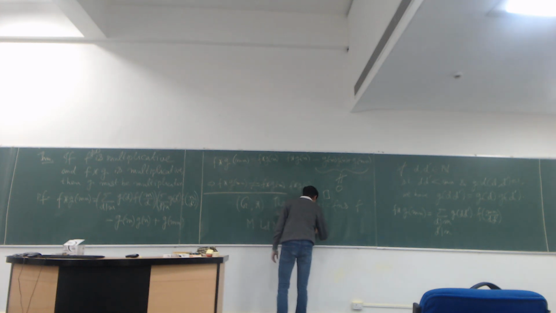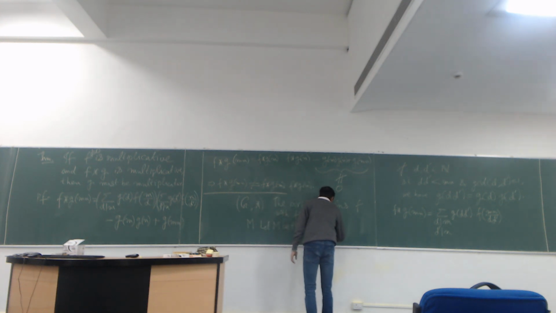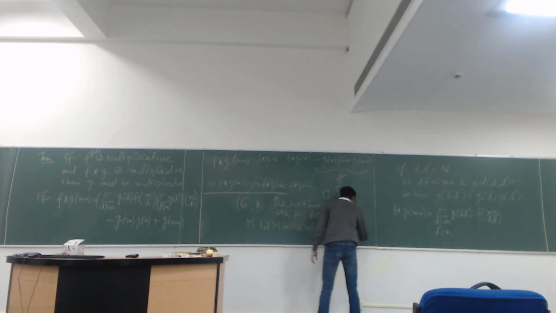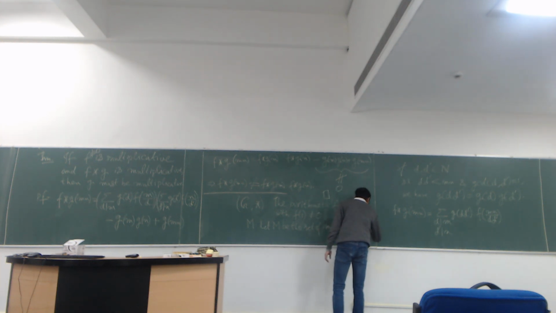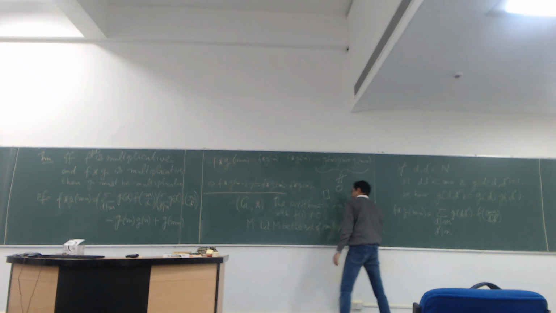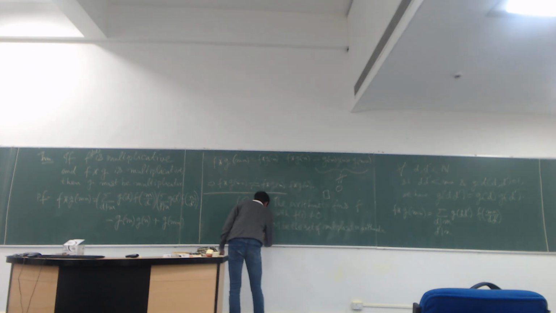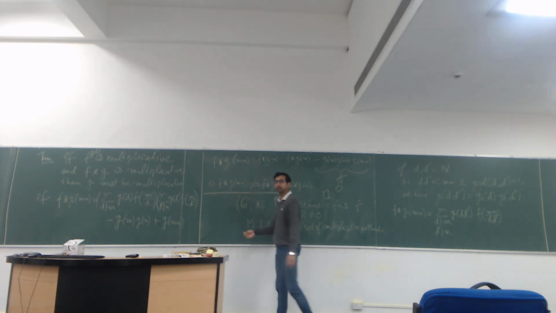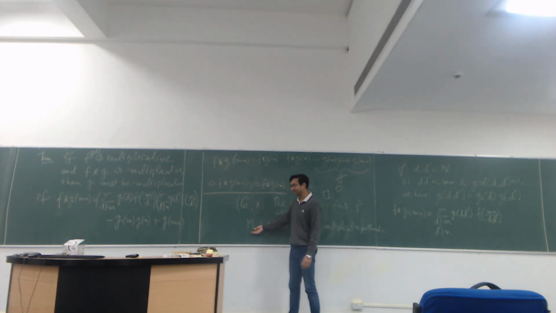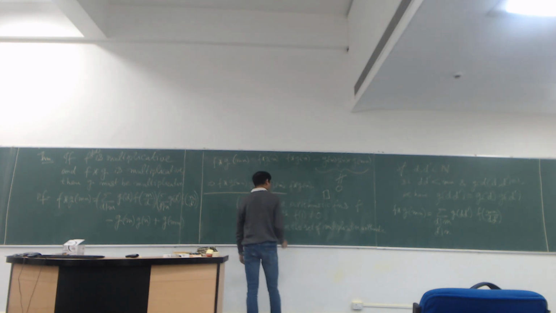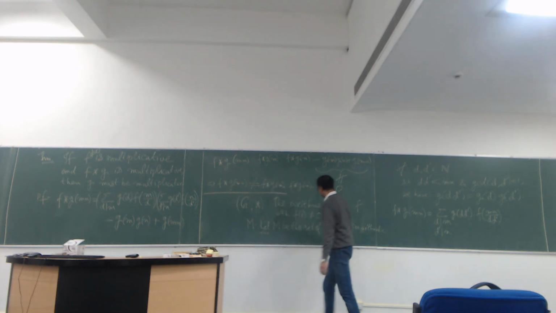The set of multiplicative functions, and we should leave out the entire zero function from here. So M would be the set of non-zero multiplicative arithmetic functions.